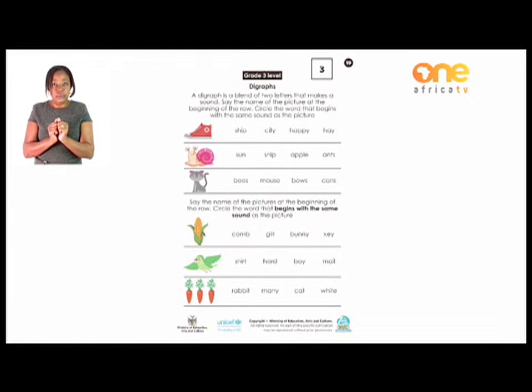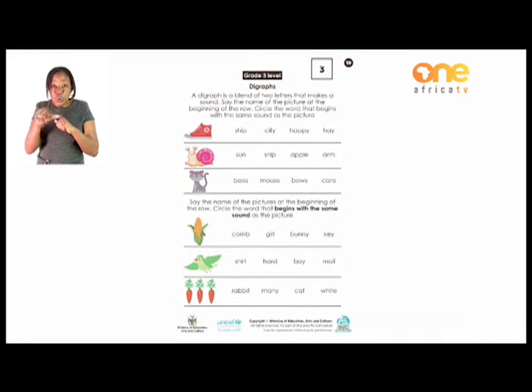You say the name of the picture again at the beginning of the row, and then you circle the word that begins with the same sound. The same thing again. What is the name of the first picture that you see? Then you have to know the sound. Which sound does this picture start with? And you circle the word that's having that sound. The second one, what is that picture?